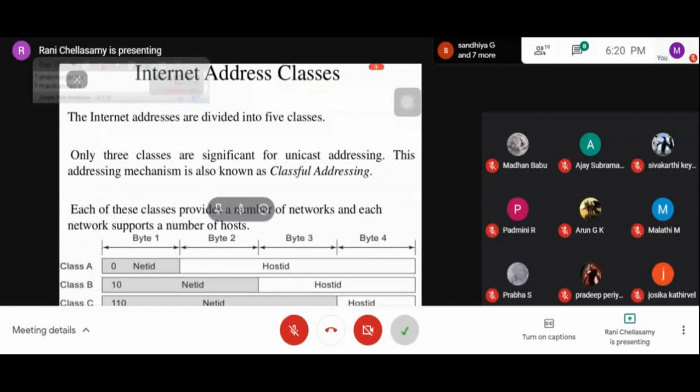For class A, in the network portion the first bit is always 0. It is a constant value. Class B always starts with 10, class C always starts with 110, class D with 1110, and class E with 1111. Make a note of it.